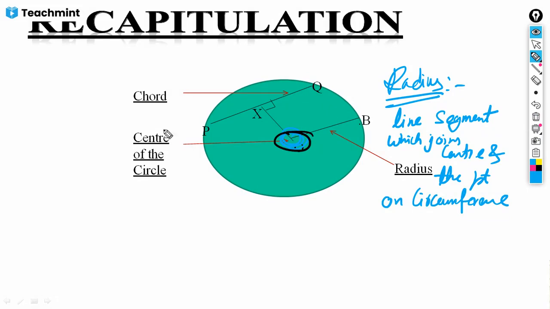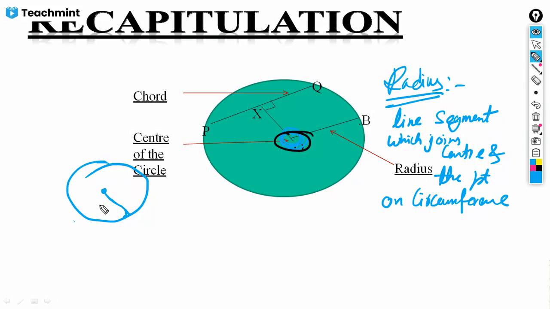I hope it is clear. If there is a circle in this way, a line segment means part of a line which is joining the center of a circle and any point on the circumference of the circle. That is nothing but the radius.